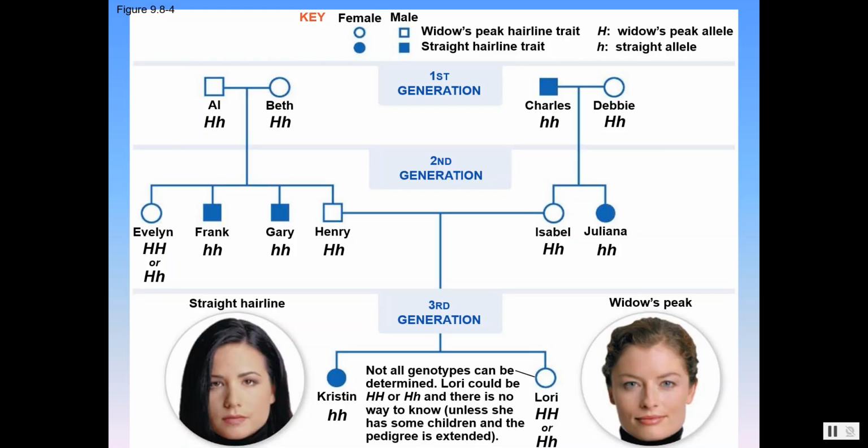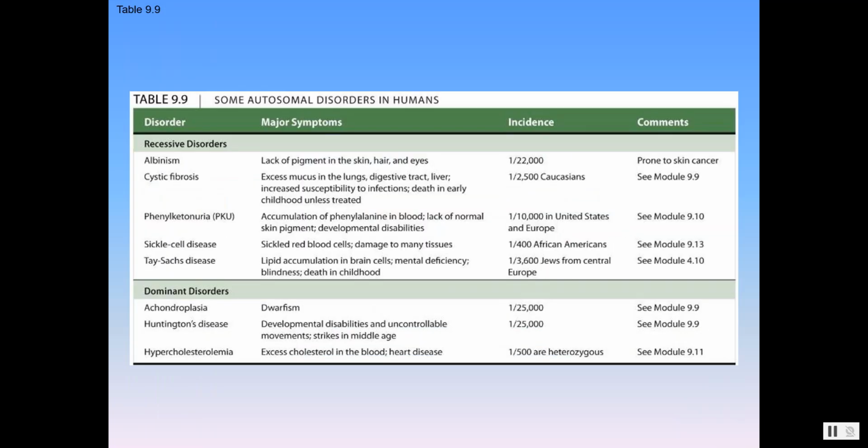We'd have to see if Lori had children, what her children would be, and if we could figure it out from there. But here's just sort of following through the generations the different genotypes accompanying their phenotypes. So pedigree charts are a pretty neat way to look at different traits as they pass through a family.